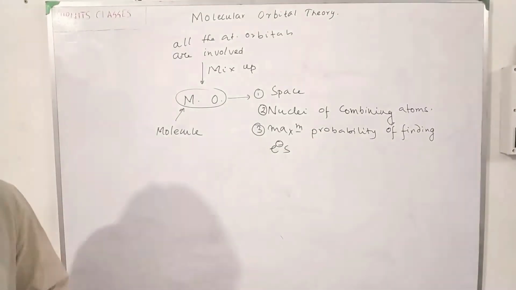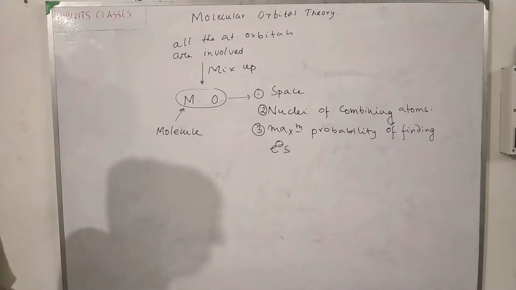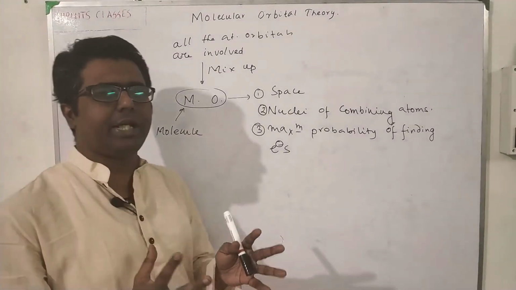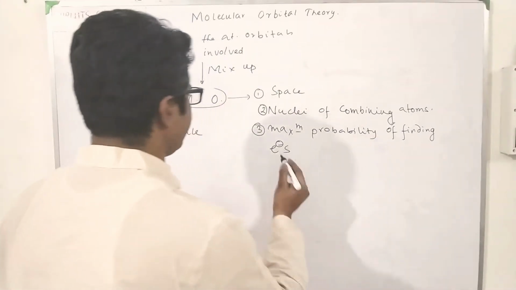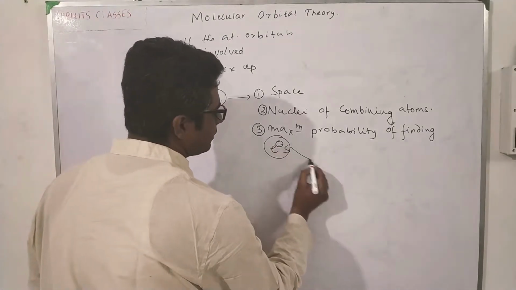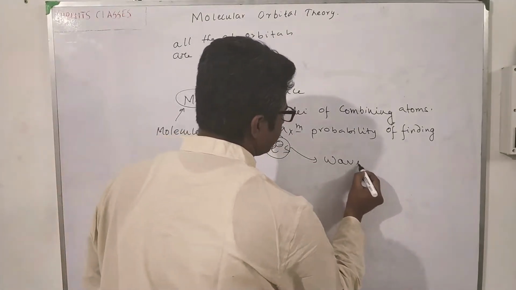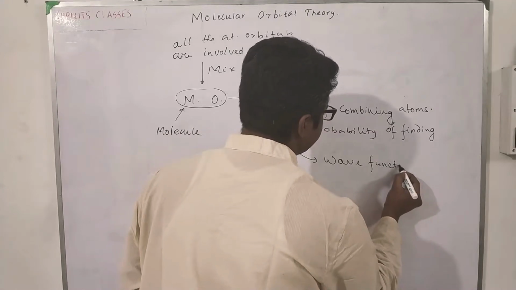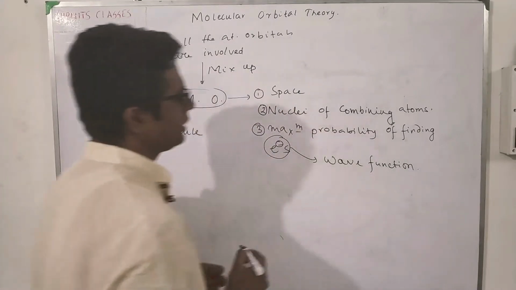Now, as we already know, what is an electron? Electron is basically a wave function. We are talking about the electron over here.